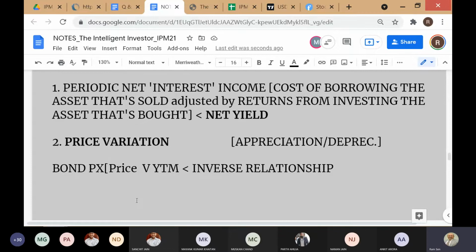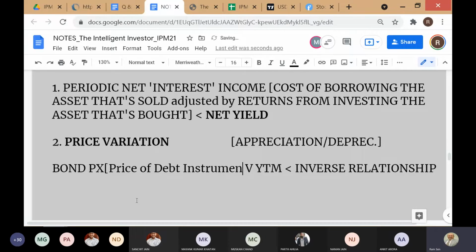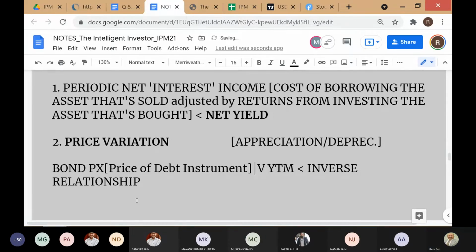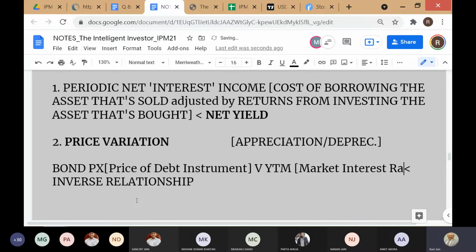I want to write it as the price of a debt instrument. Now, if I write debt instrument, you also have to understand how to use the language. Notice that I had written bond prices versus YTM. YTM is a proxy for the market interest rate, the interest rate that the market is demanding.